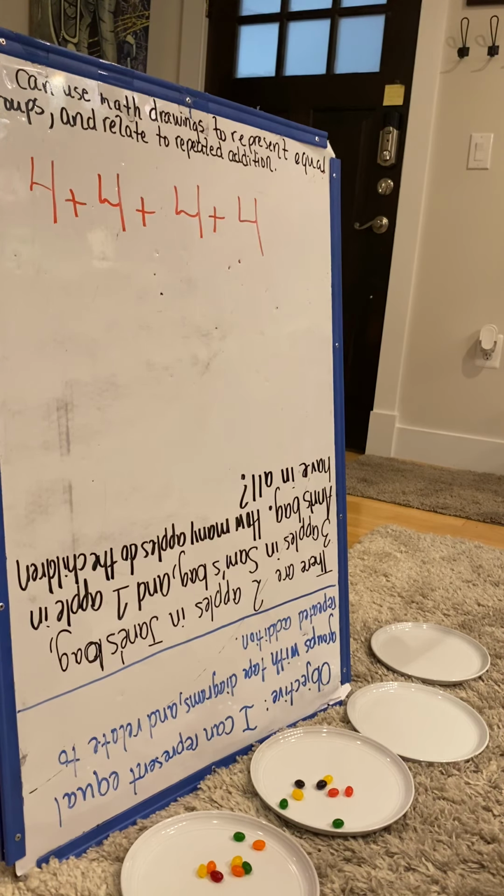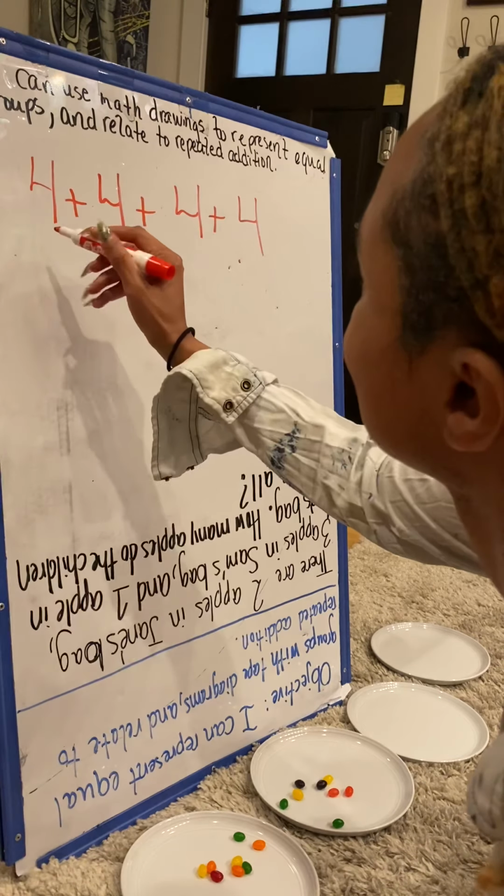Right? So I'm going to show you what I did in writing. I'm going to draw the 4 groups of 4 that I had.